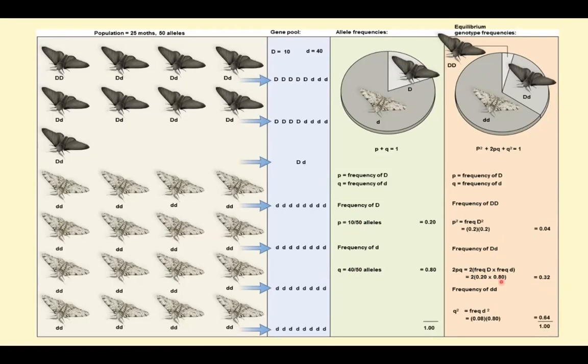And then the frequency of the homozygous recessive is Q squared. So Q is 0.8, so you square it, dapat 0.64. When you add up the total, it must equal to 1. So P squared plus 2PQ plus Q squared is equals to 1. Okay, this is on the condition that it abides by the Hardy-Weinberg principle or Hardy-Weinberg equilibrium.